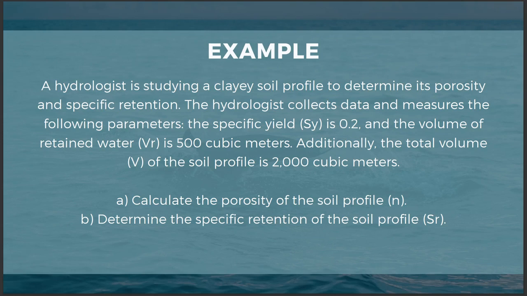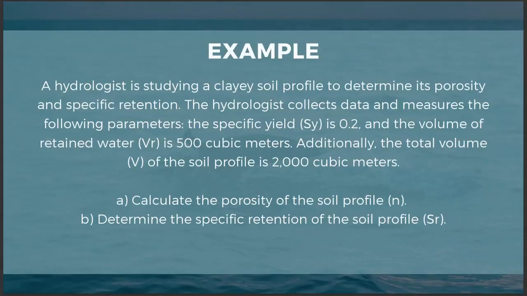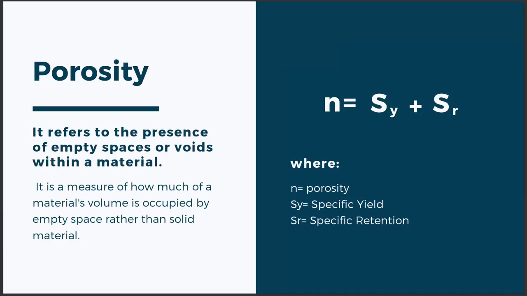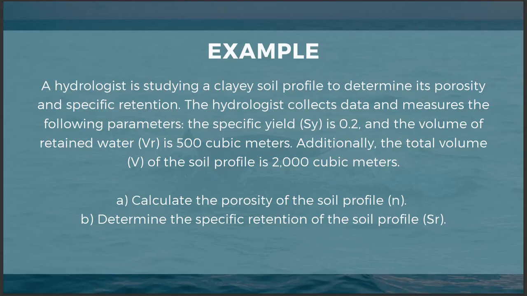profile. So again, porosity is just the sum of SY and SR. Given that SY is known, you just need to compute for the specific retention, which is VR over V. So VR is 500, V is 2,000. So that would be 0.2 plus 500 over 2,000.